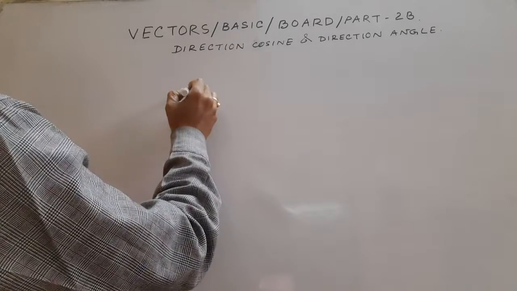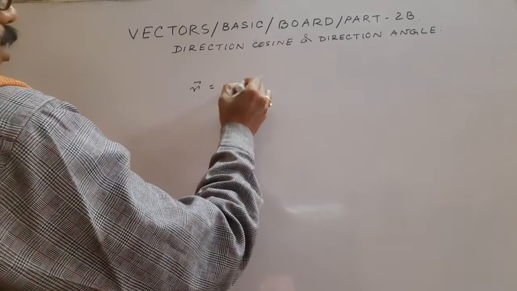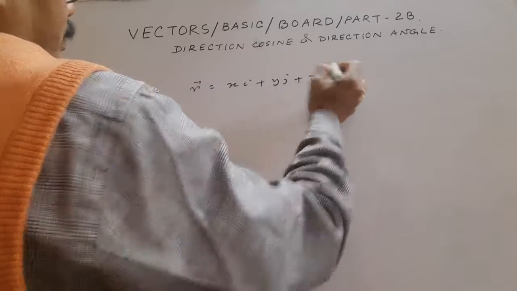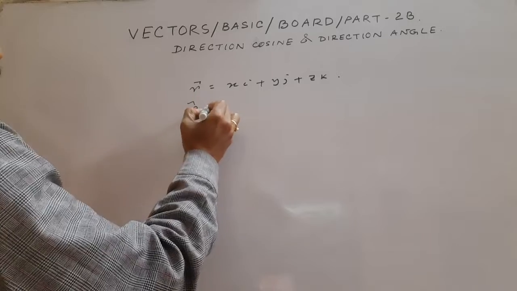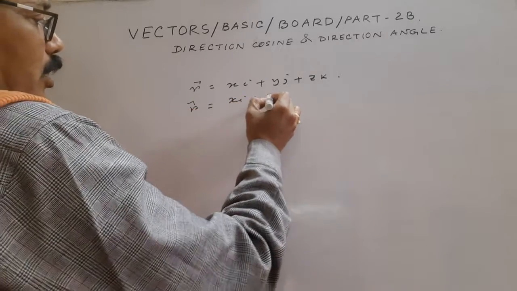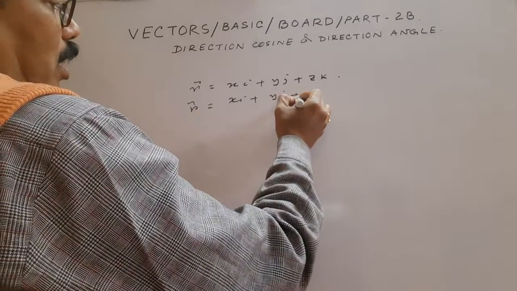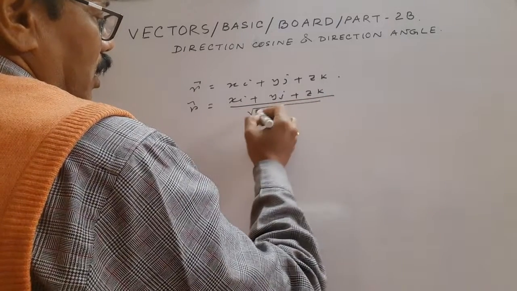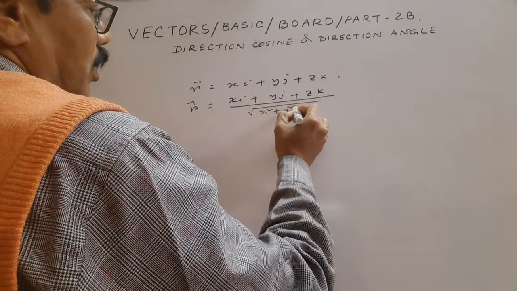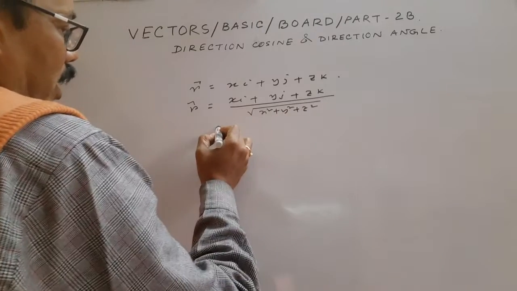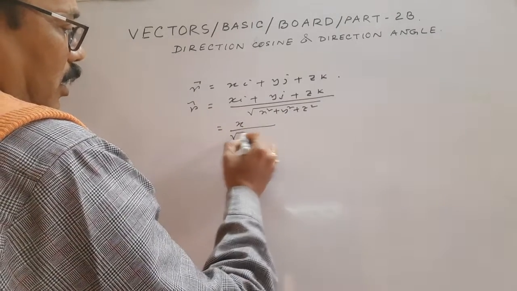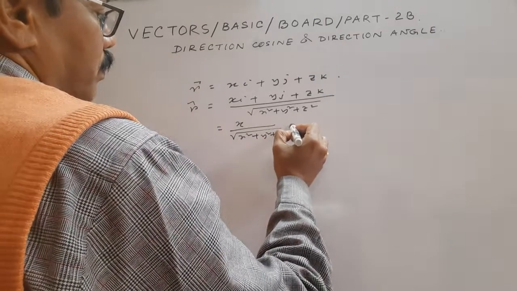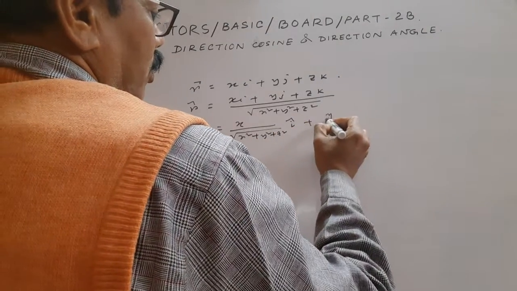So look, if r vector equals xi plus yj plus zk, then r cap equals xi plus yj plus zk divided by its magnitude.